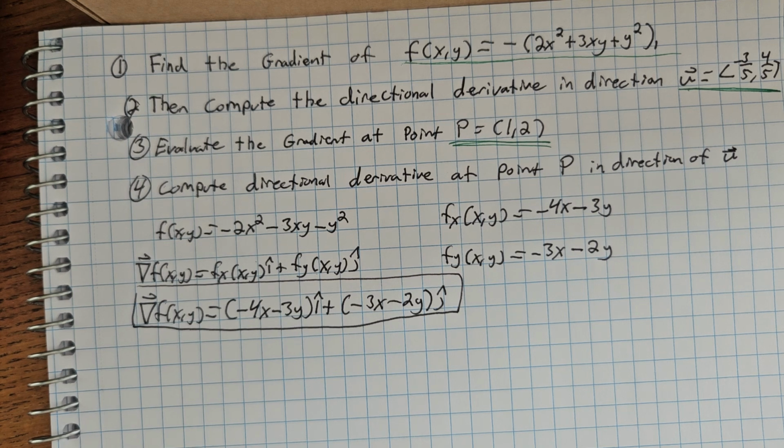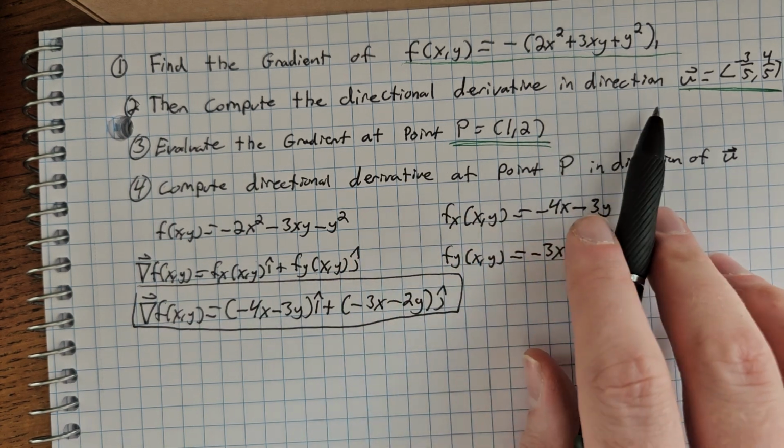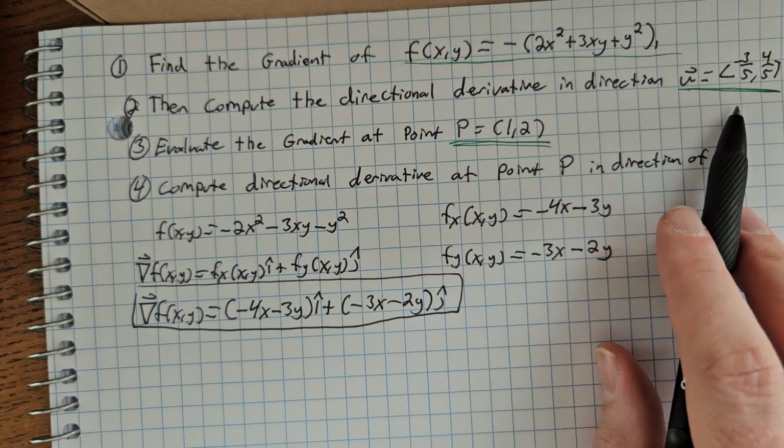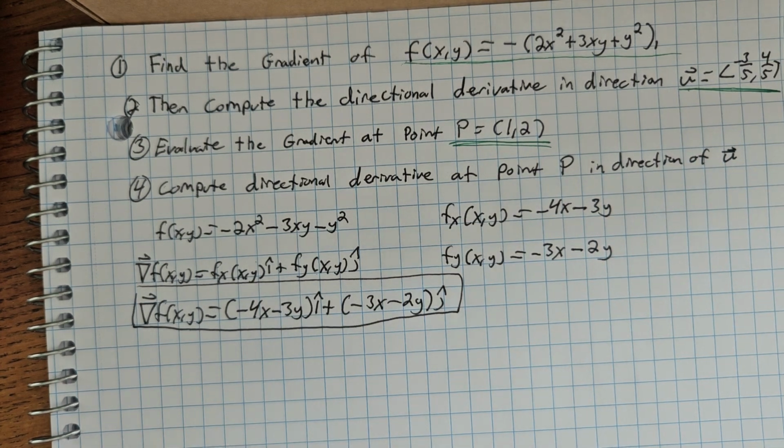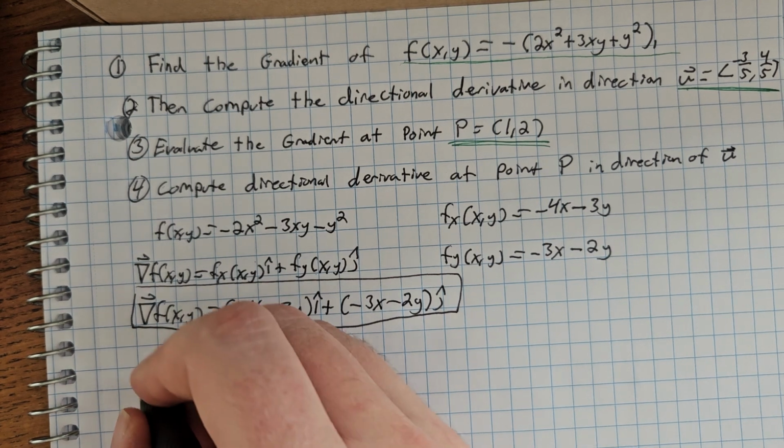Next, we are going to compute the directional derivative in the direction of u, which is negative 3 over 5, 4 over 5. So, in order to calculate a directional derivative using a gradient, we will use the dot product.